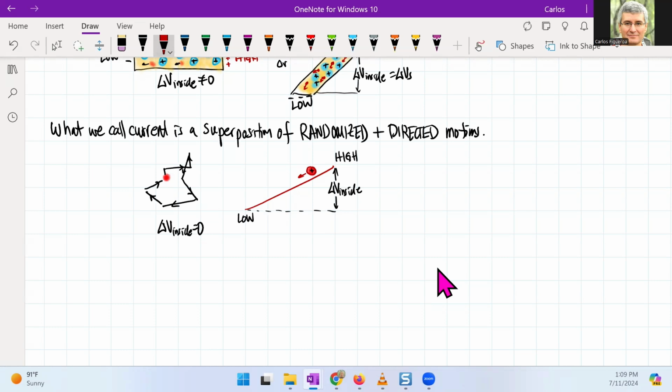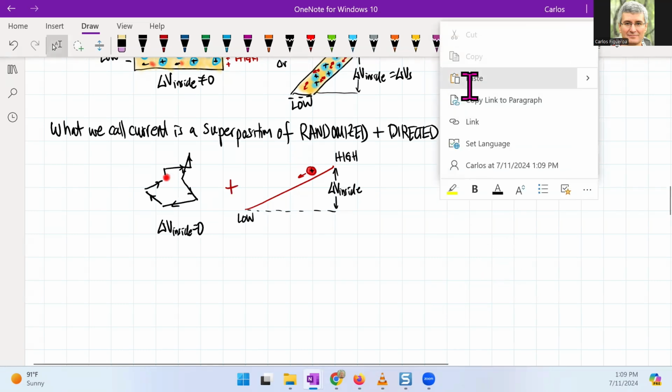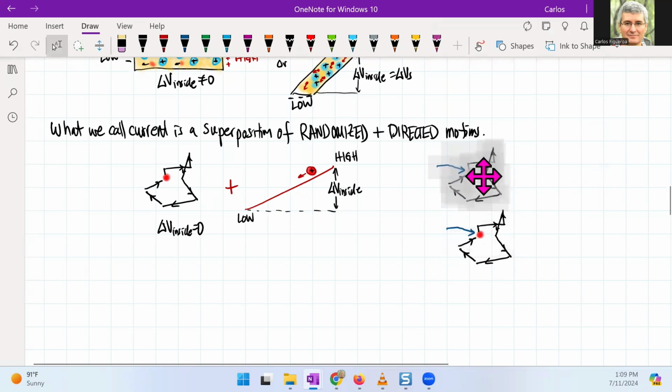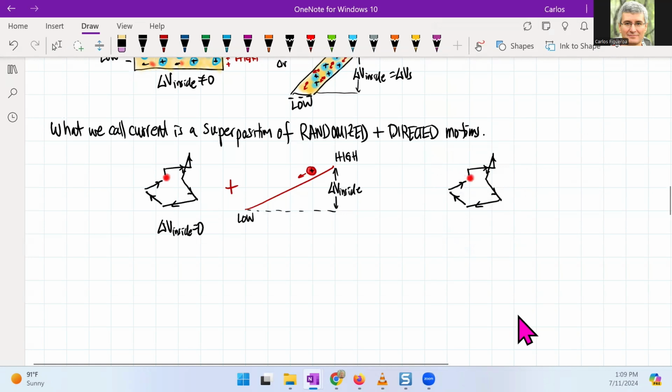So if I look at these things, and if I add these together, look what ends up happening. I still have this random motion. But now, when I look at this guy, you are seeing that motion is now moving here. It's moving in this direction.